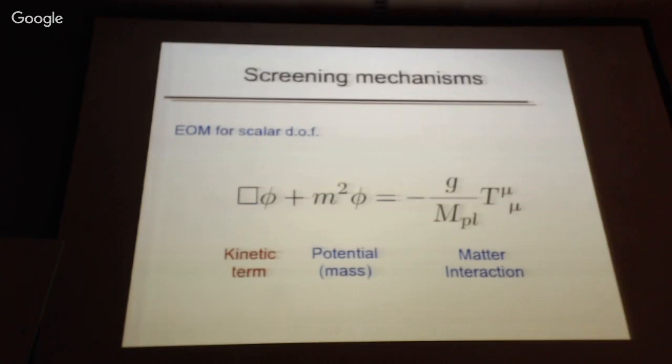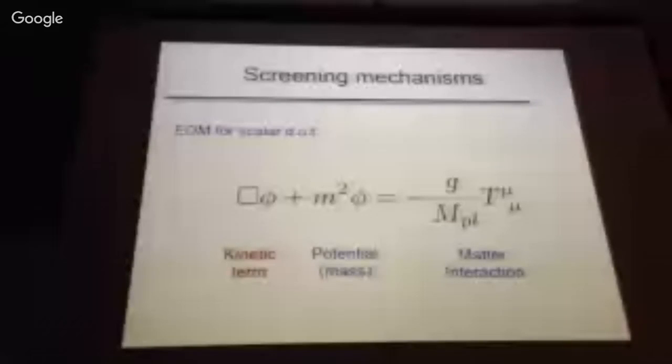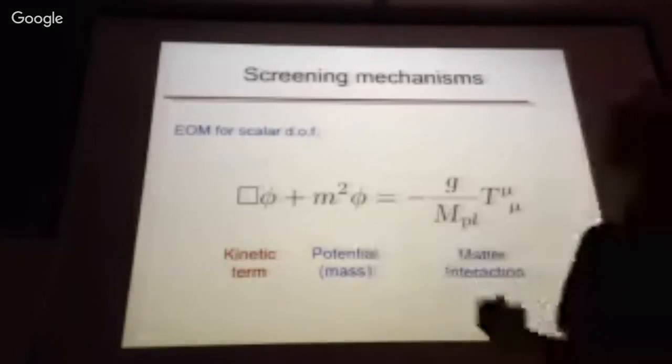And there are 3 known screening mechanisms. So remember, I'm modifying gravity. A simple way to modify gravity is by adding a new degree of freedom. So not only the metric, but I have something else. And that something else, the simplest thing is to consider a scalar field.